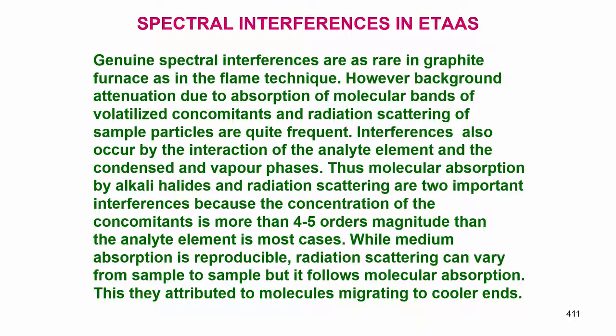Now we will discuss a little about spectral interferences in electrothermal atomic absorption. Genuine spectral interferences are as rare in the graphite furnace as in flame, because it has nothing to do with the sample. Electrothermal spectral interference means the resonance line must match. It will match whatever form of vaporization or atomization you employ.